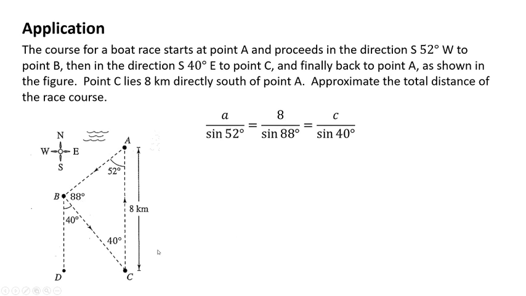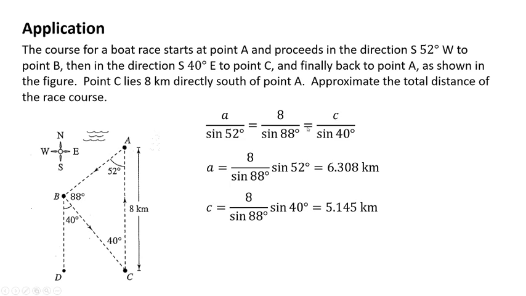Okay, then we've got everything that we need here in order to be able to solve for A, that's this side here, and C, which is this side here. We already have the length of this side here, which is 8 kilometers. We just have to find these other two here. So let's first of all work on A, and we'll make use of just these two portions of it here. Solve for A, and we get 6.308 kilometers.